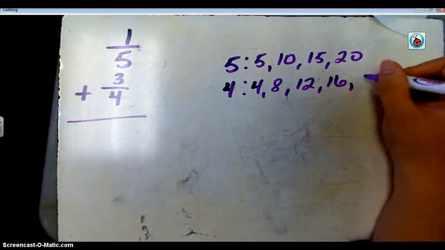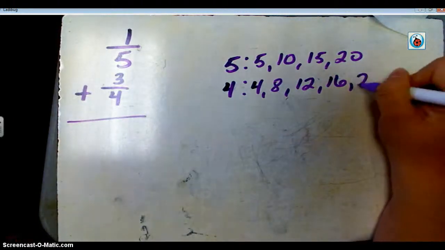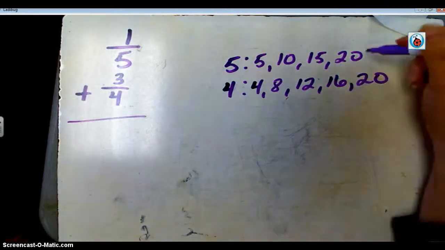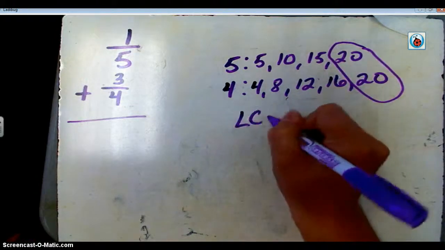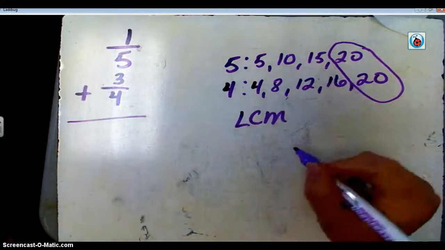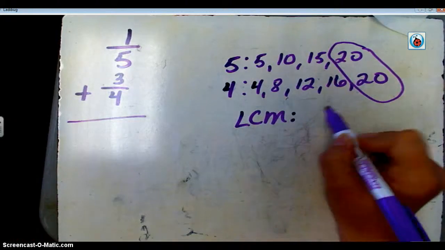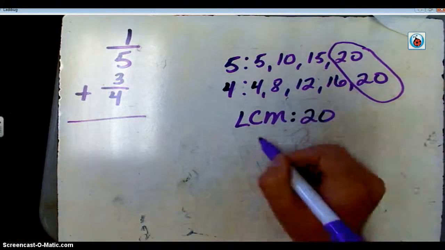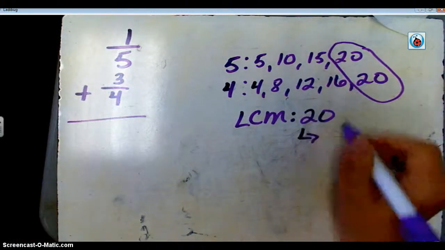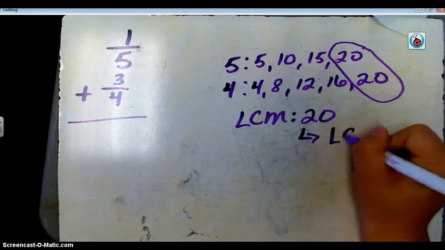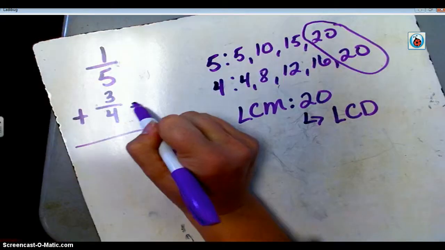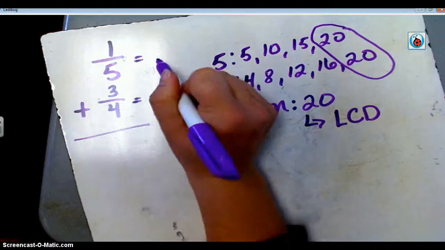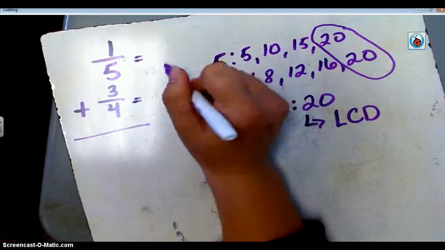And 20. So our least common multiple is 20. Or you can just multiply them. But we can find our least common multiple and get 20, which is also going to be our least common denominator. Okay? So let's switch these 1/5 and 3/4.